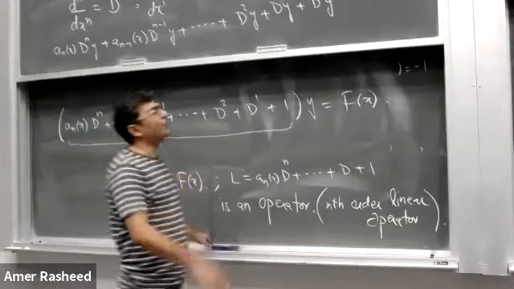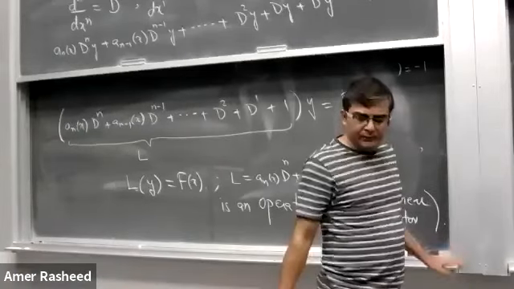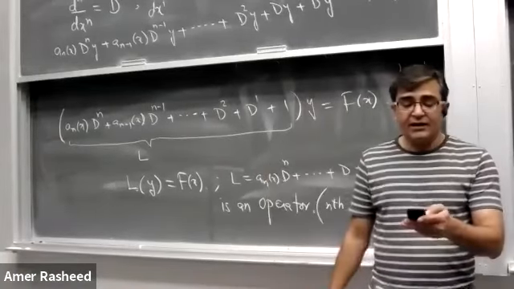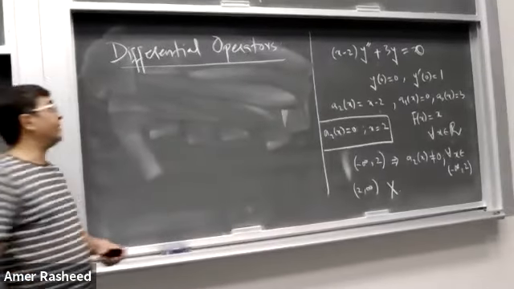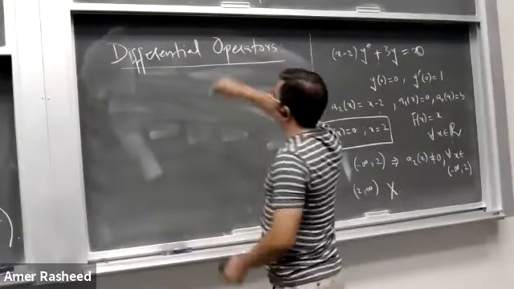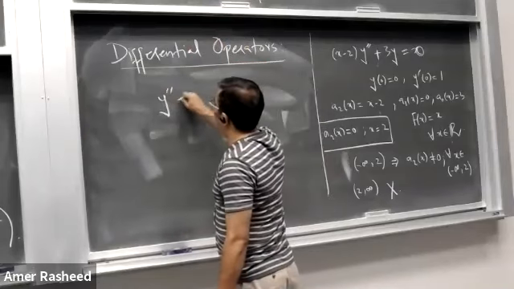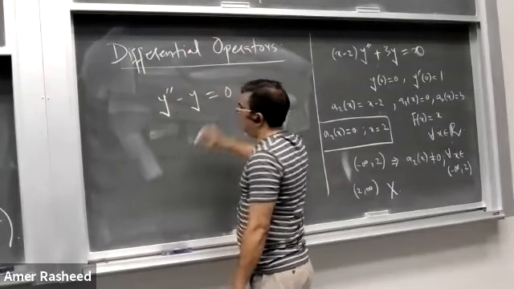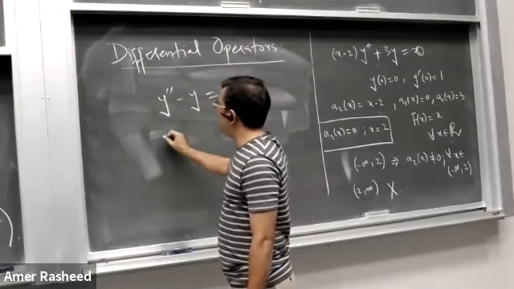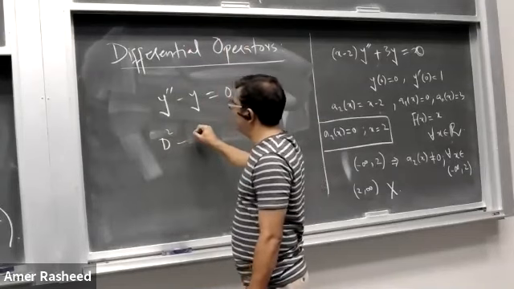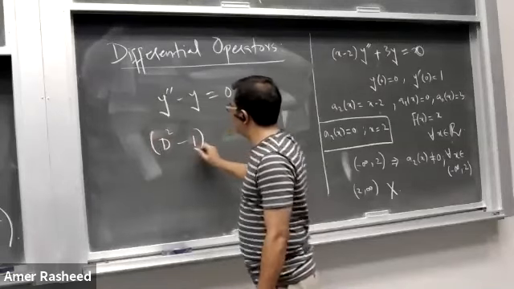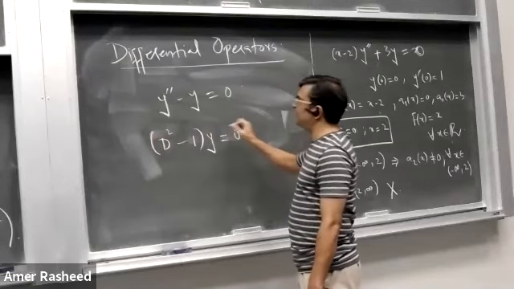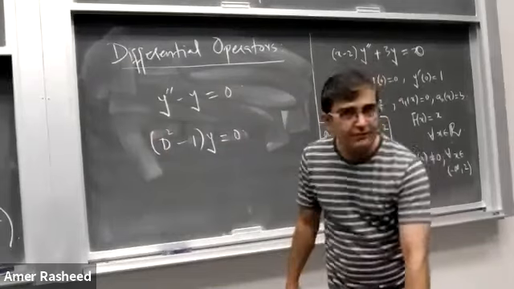If we have a second order problem, then we can define an operator. For example, in the equation y double dash minus y is equal to 0, what is the operator? Operator could be d square minus 1 times y equal to 0. This is how we can define this differential equation.